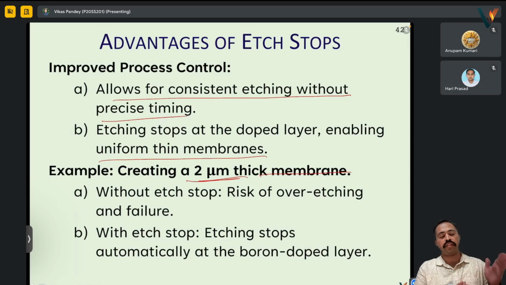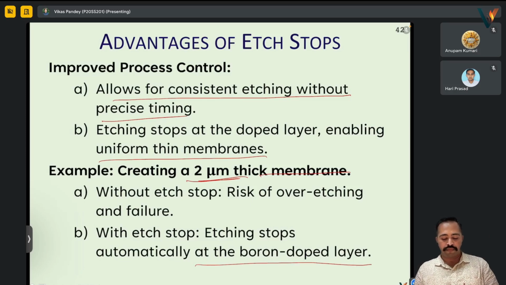We don't want that, so we already made a profile of 2 micrometer, and then we are risk free of over etching. Etching stops automatically at the boron doped layer, a thin layer of boron doping, and we can stop the whole etching at this thickness itself.